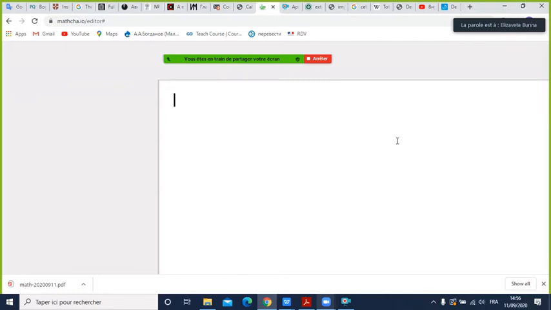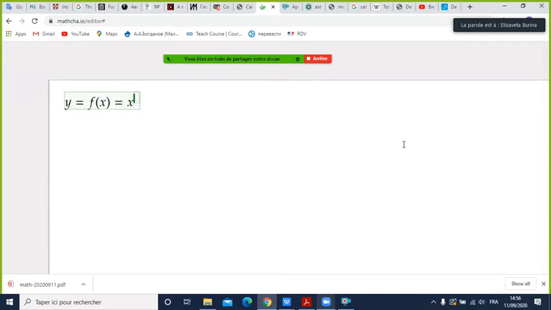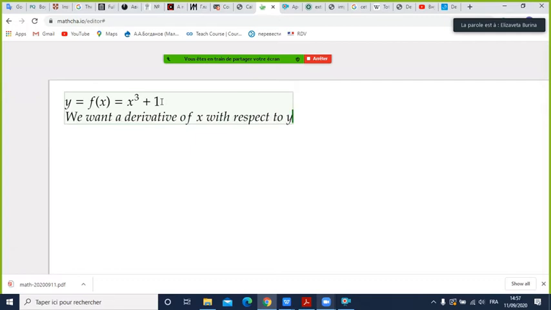We have a function y equals f of x. So y is a function of x right now, and the functional form is x cubed plus 1. Now we want a derivative of x with respect to y.